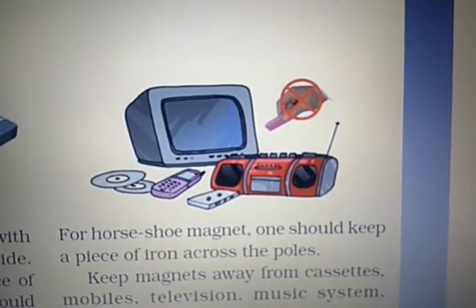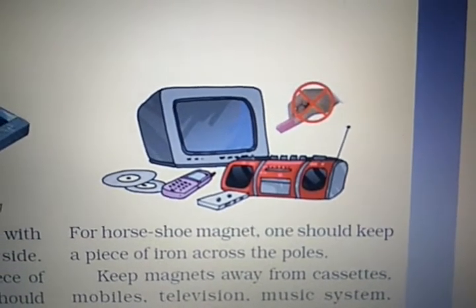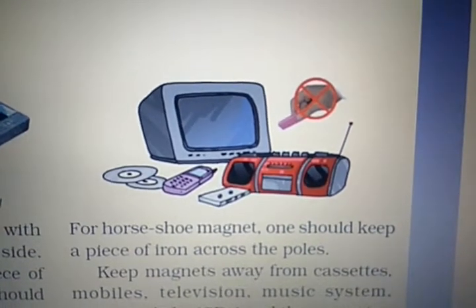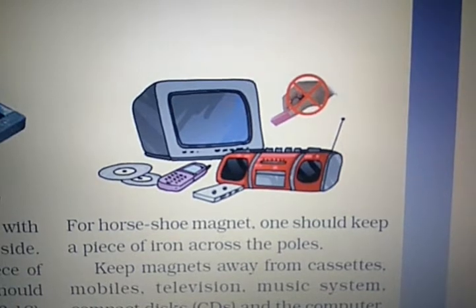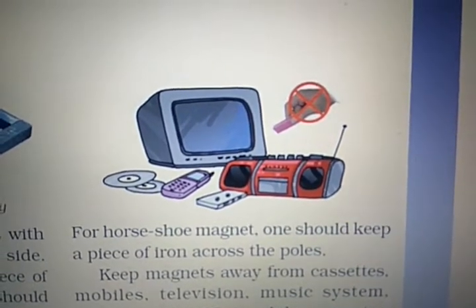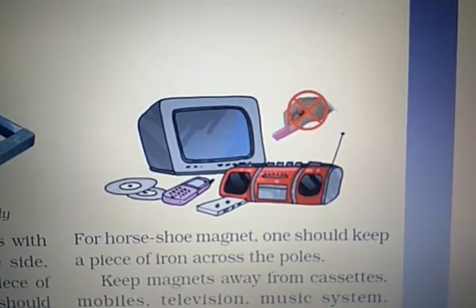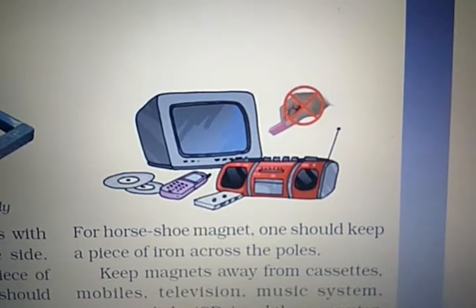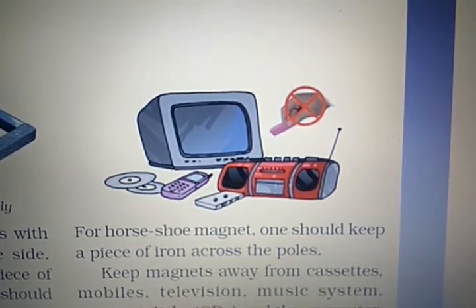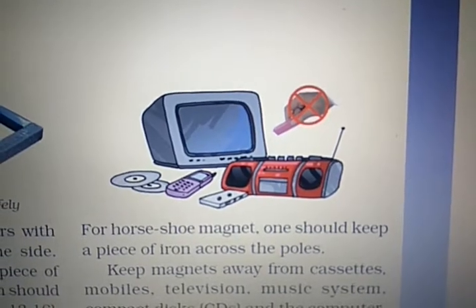Why? Because this magnet damages the television also if kept for a long time beside the television or the tape recorder or CDs. A CD may be damaged, and the corner of the TV tube may be damaged, right?